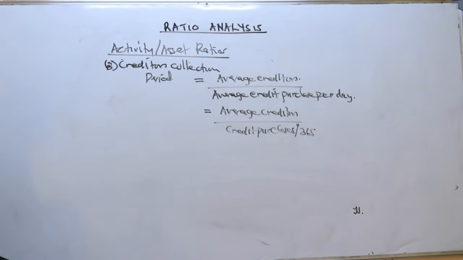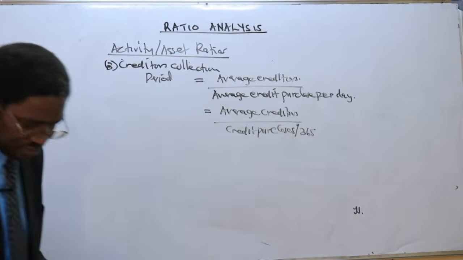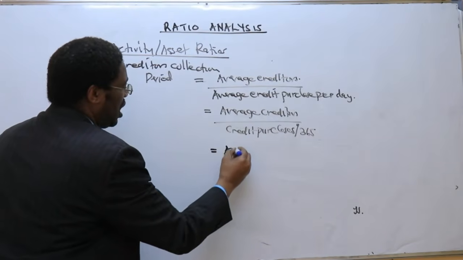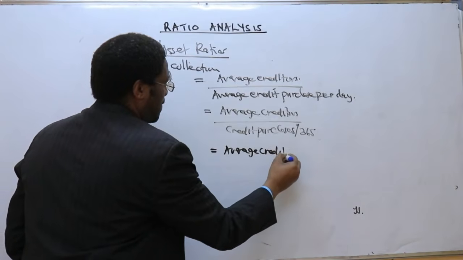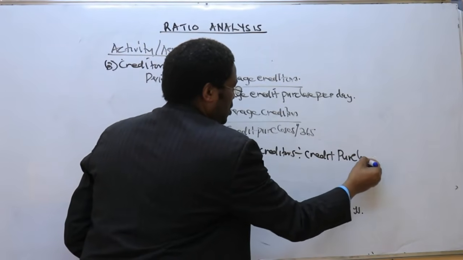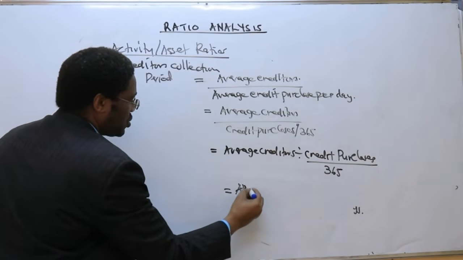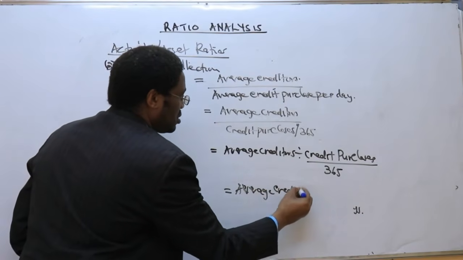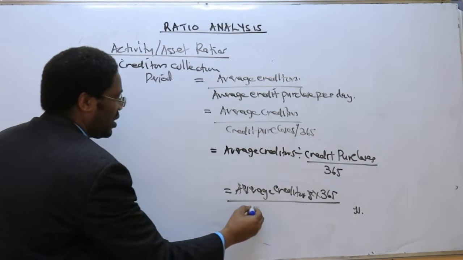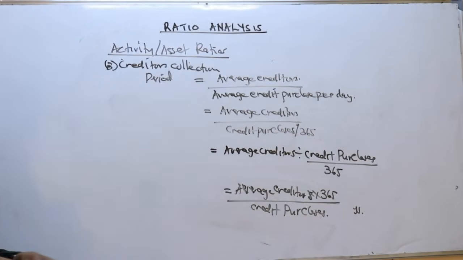Finally, this can be expressed as average creditors multiplied by 365, divided by credit purchases. So that's how we shall be calculating.